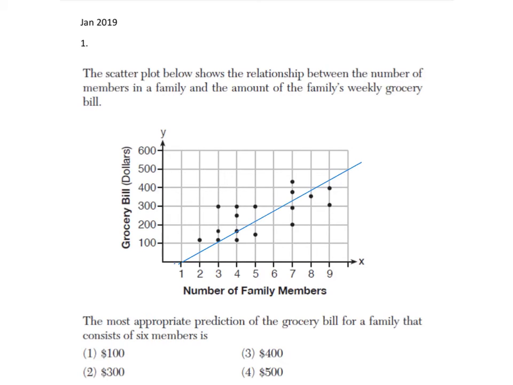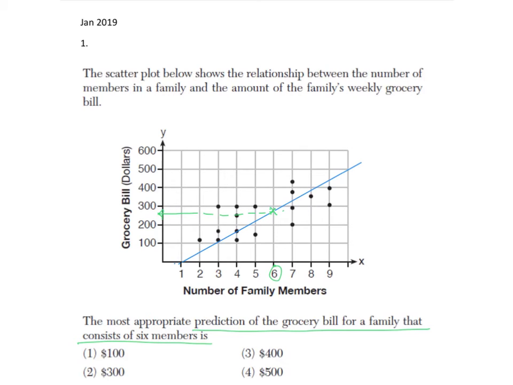So let's see what they are asking us. The most appropriate prediction of the grocery bill for a family that consists of 6 members, which is right here. So if we approach this to the graph, we are coming to this point, which would be somewhere at this point, right?